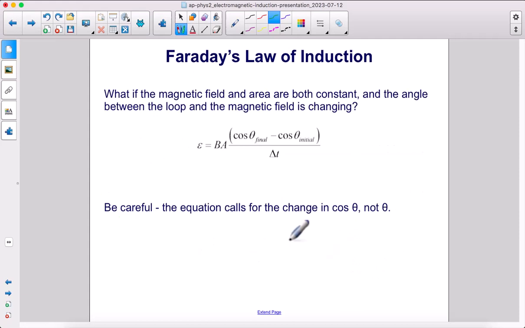What if the magnetic field and area are both constant and the angle between the loop and the field is changing? Well, just use your version of the equation, BA cosine theta, and we end up with BA times the change in cosine theta over time. But be careful, this equation calls for the change in cosine theta, not the change in theta.